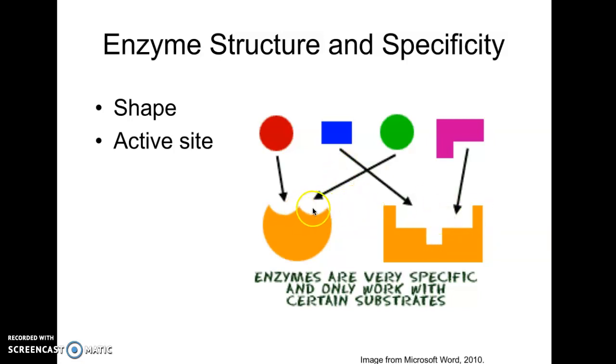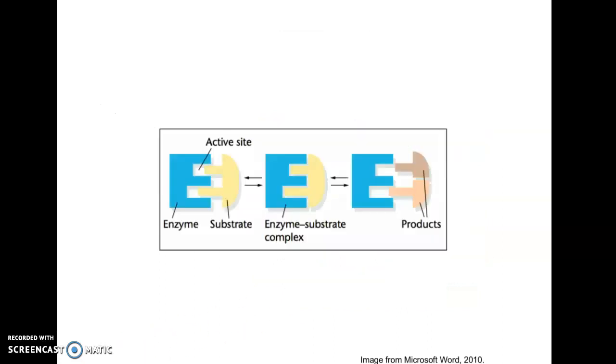Within this enzyme, we have this active site, and that's the site where the substrate needs to fit. In this example, this red substrate needs to fit here, and the green substrate needs to fit here, and then we would have a complete structure. Here, these shapes are a little different, and again, they would fit very nicely in the specific shape of that particular enzyme. Here's another view of it.